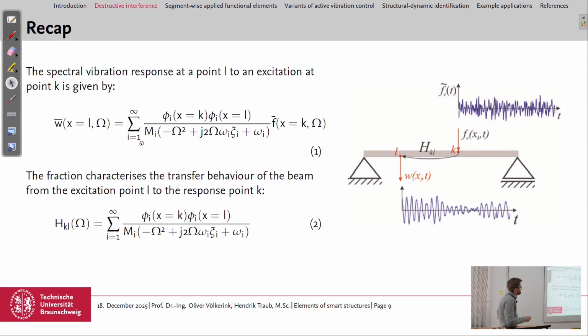A short recap from the last lecture, even if it was only a few minutes ago. We had this equation where we can translate or project a spectral excitation at point K with this sum of fractions where the distinctive mode shapes i, in this case, at point K and at point L are in.